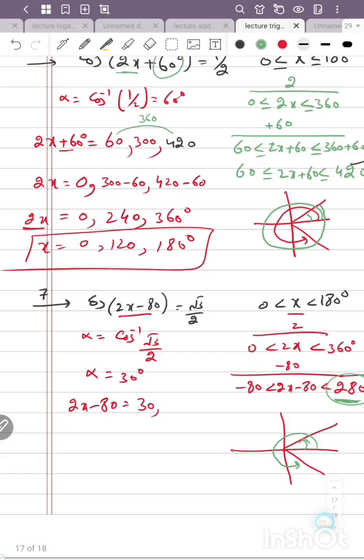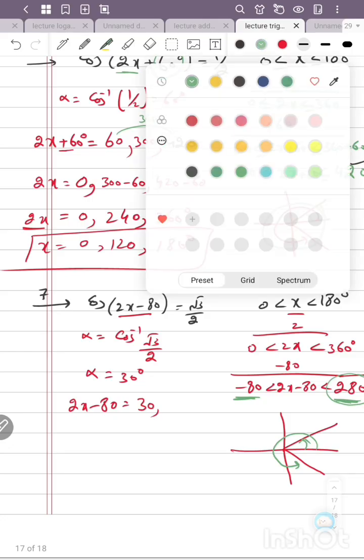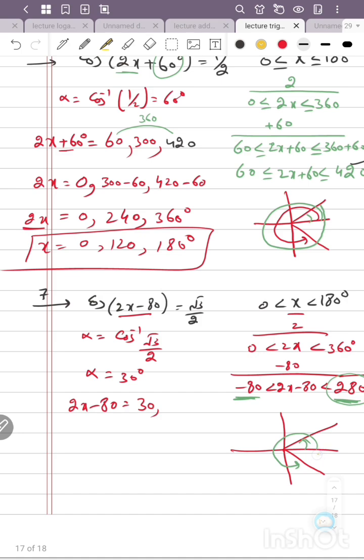After solving this question, now the second one has a limit of minus 80. Now how to deal with this one? Just change the color. If we start from the clockwise direction, this will be our first way, minus 30.